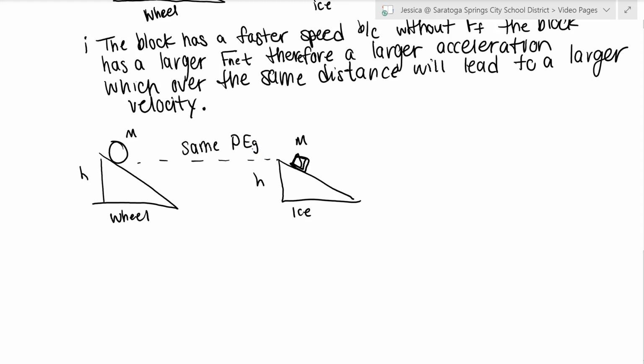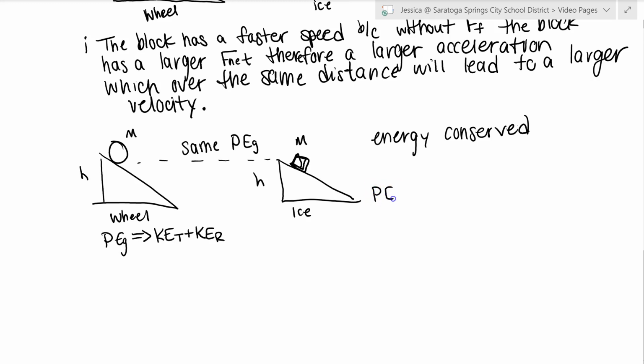Now, energy is conserved, but it's conserved differently in each of these two examples. If you remember, in the beginning of the problem, I said that the wheel converts its gravitational potential energy into translational kinetic energy and rotational kinetic energy.